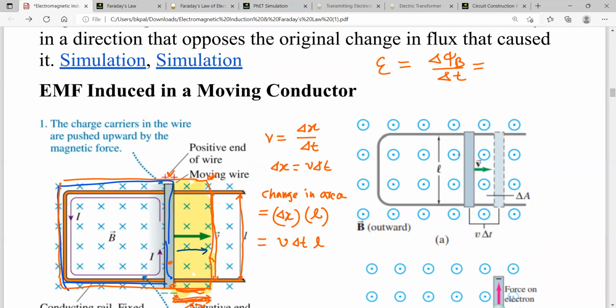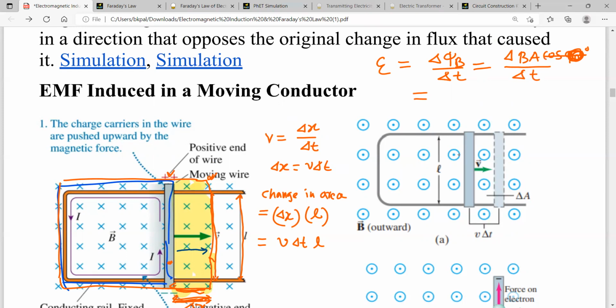And here you don't change the magnetic field, right? You change just the area. So cosine 90 degrees. Okay, the direction of the loop and the magnetic field are the same. Sorry, here it is 0 degrees. So that's why cosine 0 degrees, and cosine 0 degrees is 1. So let's ignore it, and that is this.